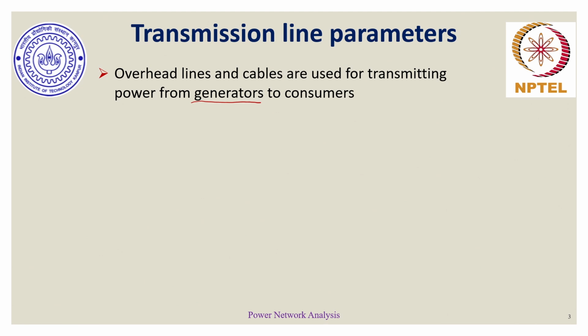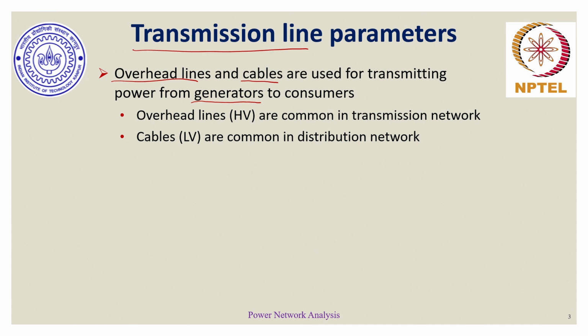That is where we would need a corridor, and that corridor happens to be these transmission lines or distribution lines for that matter, which we often see as overhead lines if we travel by road, and we also happen to see certain cables laid near our residential communities. Transmission lines often have an overhead arrangement because transmission networks operate at high voltages.